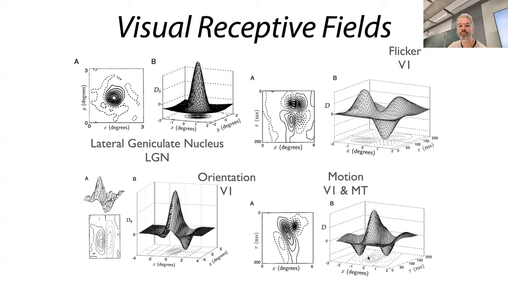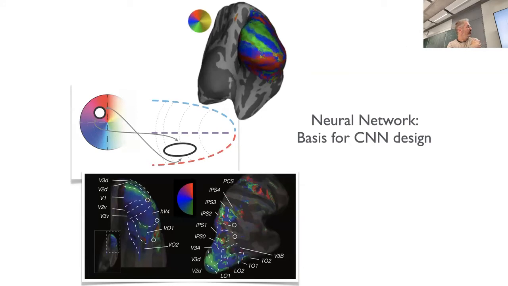So we have all these visual receptive fields, and we see the types of processing change as you go up the visual hierarchy. You can take this further: we can see this huge neural network of different types of receptive fields, in this case about space, and we see this network reflected in the human visual brain.